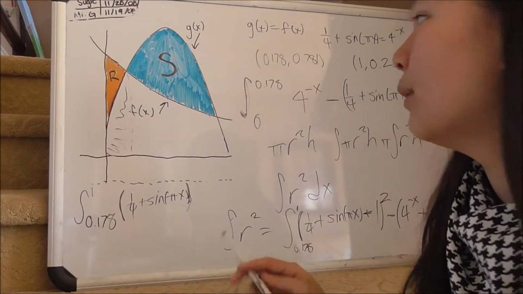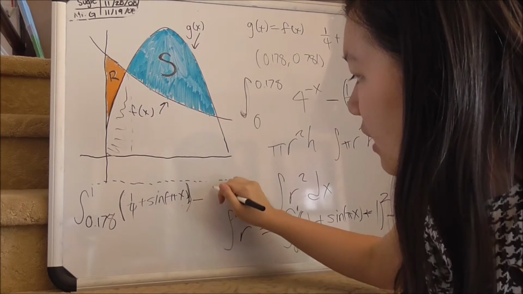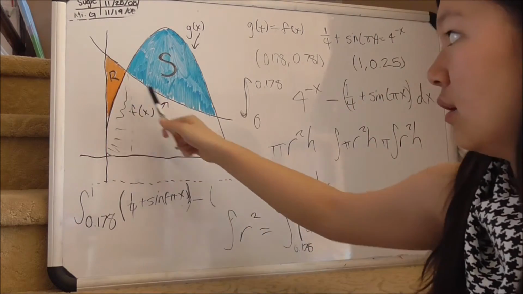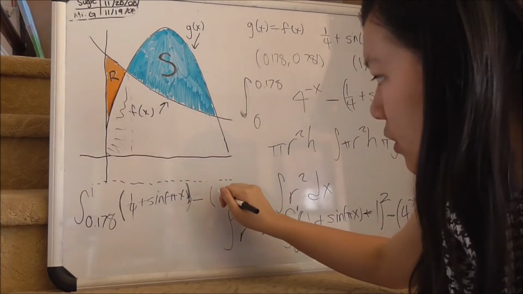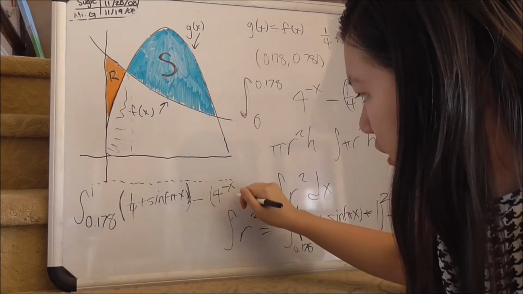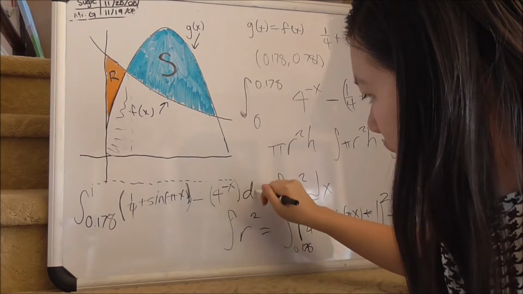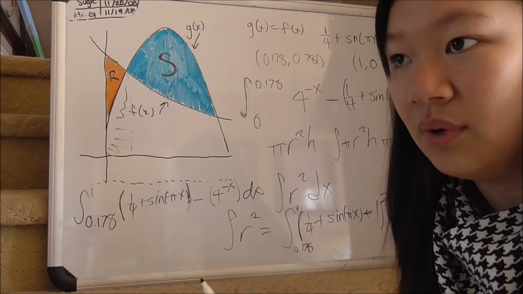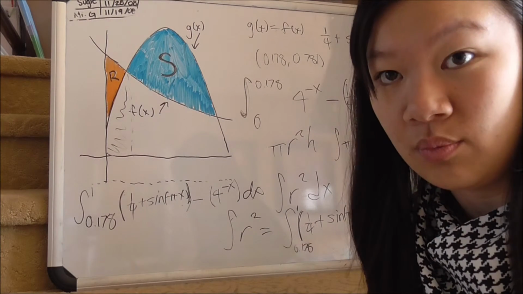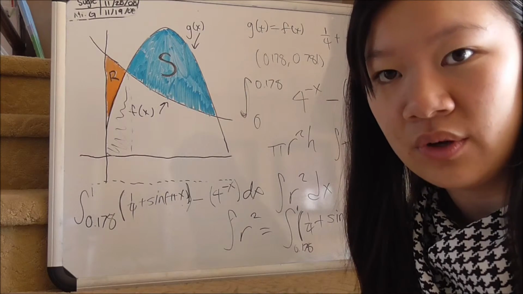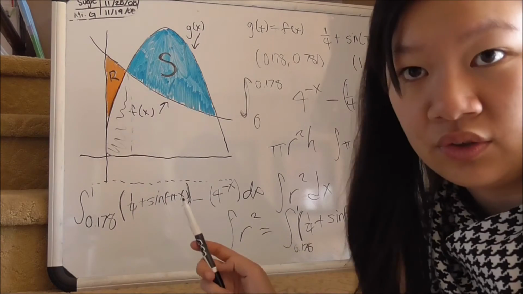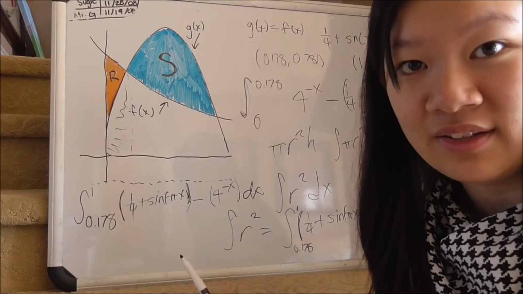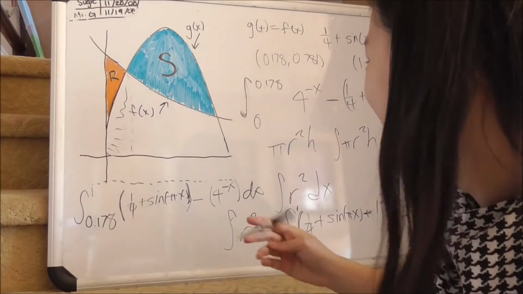Parens are your friend. Minus the now bottom equation, which is 4 to the power of negative x dx. You always have to write your dx in here. I don't know if I said that earlier, but your dx is actually worth points on the AP exam, so you're always going to want to put your dx inside your integral. It's an easy point, guys.